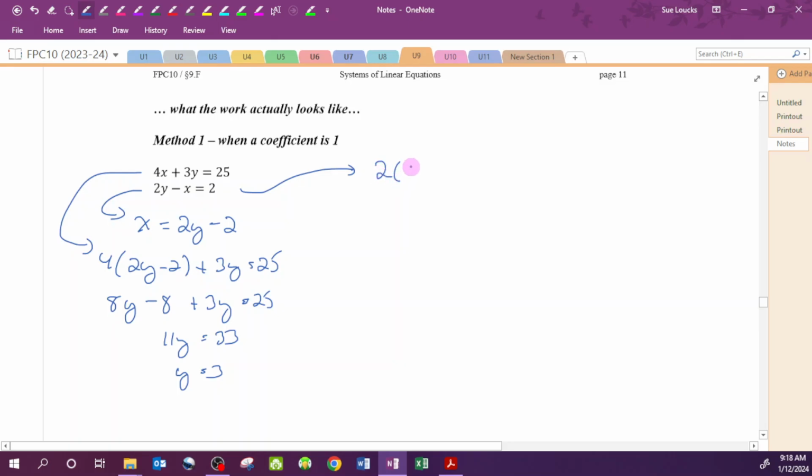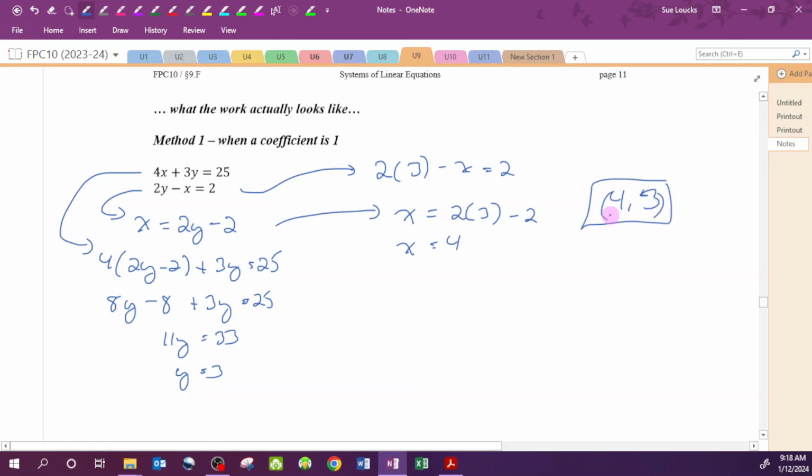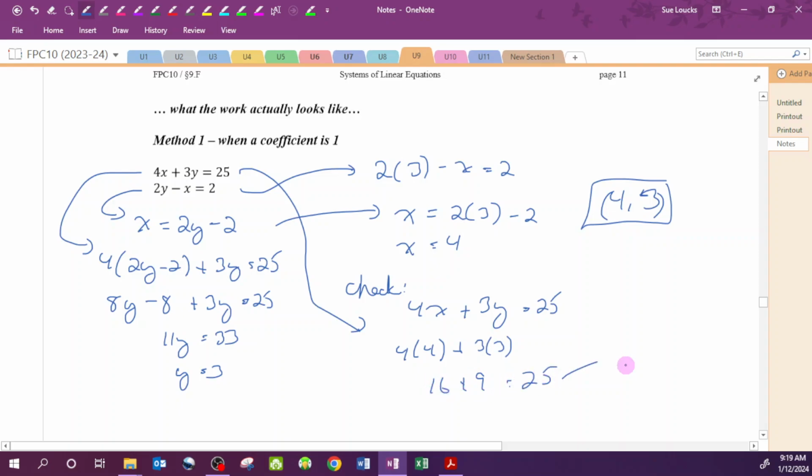So this is going to be 2 times 3 minus x equals 2. Oh, I could have actually done it into here, would be just as good. x equals 2 times 3 minus 2, so x equals 6 minus 2 is 4. So my answer is (4, 3). And then I'm going to check in the other equation, so that's this one. And it worked. So there we go.